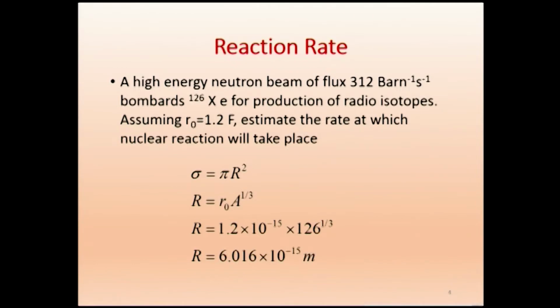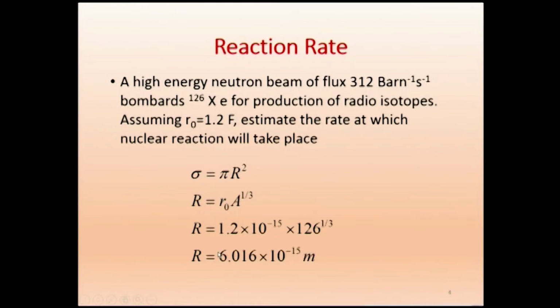First, we take sigma equal to pi r squared, the cross section, and r equal to r naught A to the power 1 by 3, which we know from the liquid drop model, where A is the mass number of the nucleus and r naught is 1.2 Fermi.